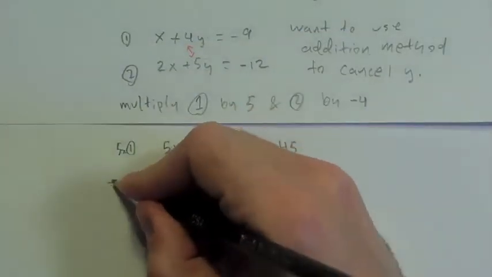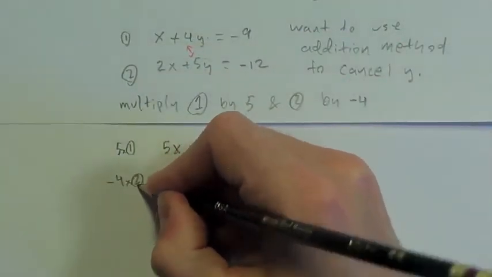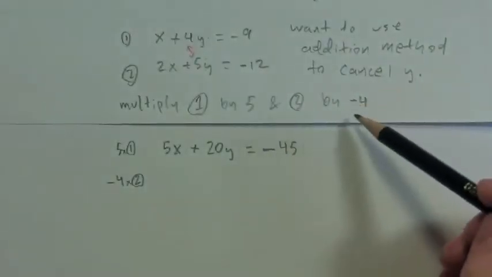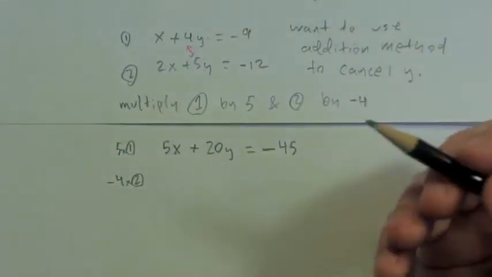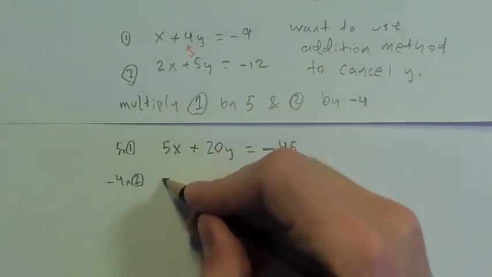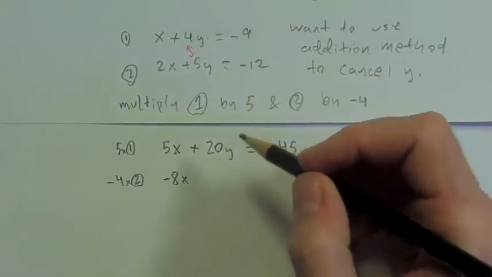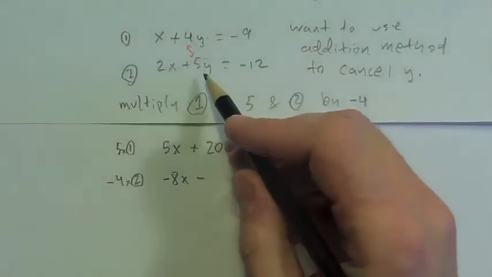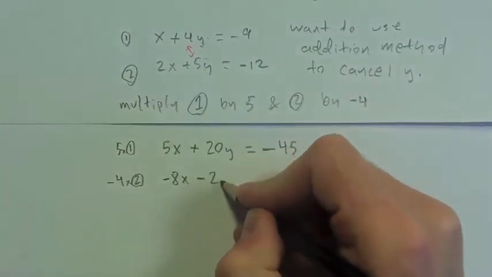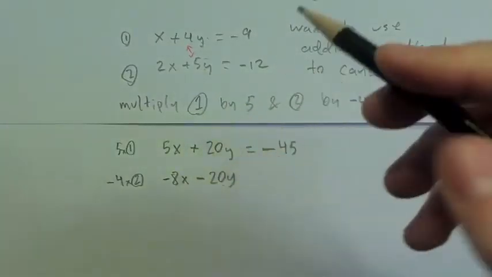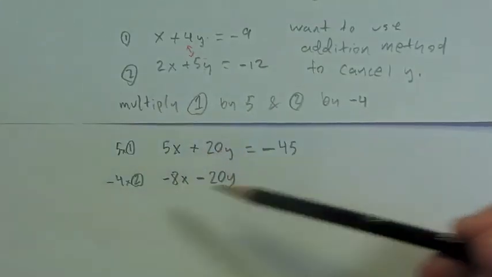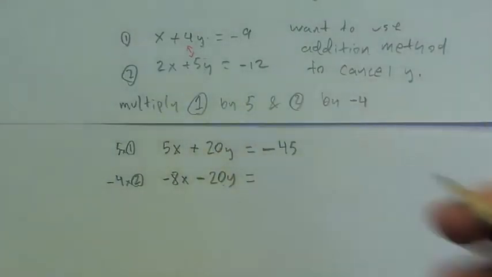Then negative 4 times equation 2: I'm going to take negative 4, multiply it by that 2x, so I'll get negative 8x. Then the negative 4 times 5y will give me negative 20y, and see what happens here? Now these two things are going to cancel when we add everything together. So that's what we're looking for.